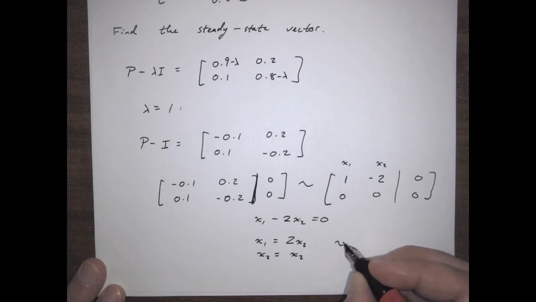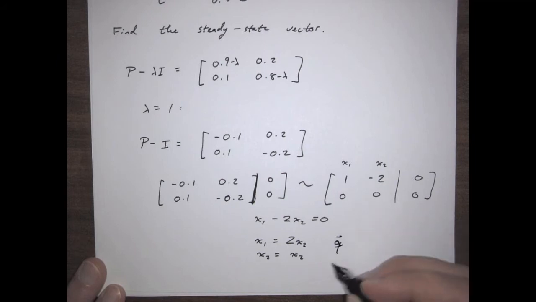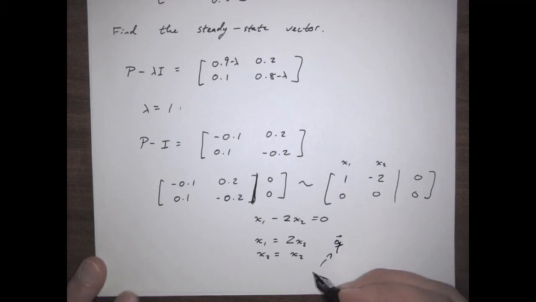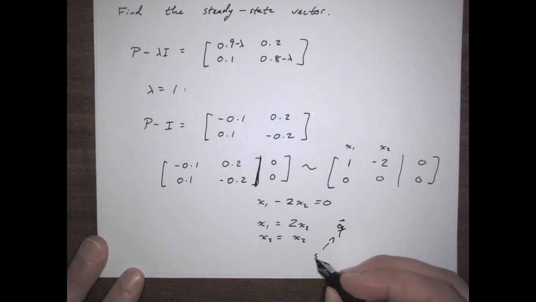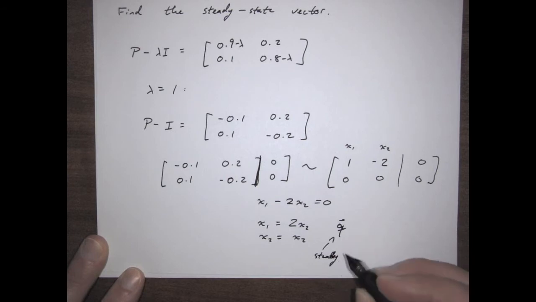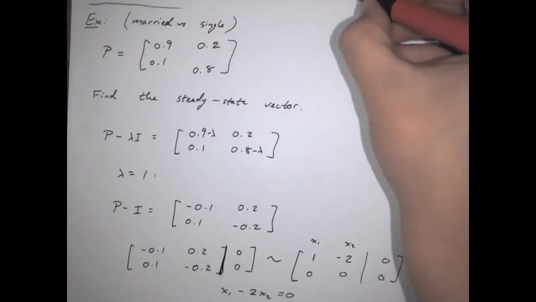And so then that means that the steady state vector, which we'll frequently use a q for, just because it's a letter close to p, and actually let's put that up here.